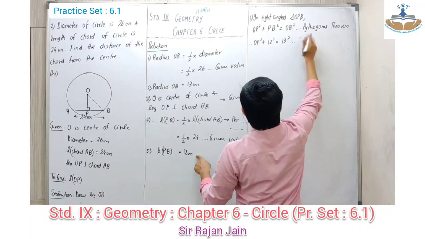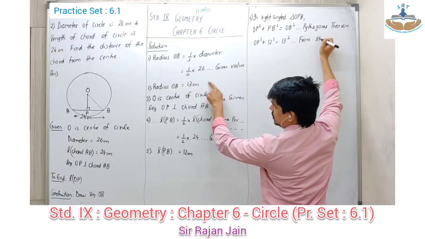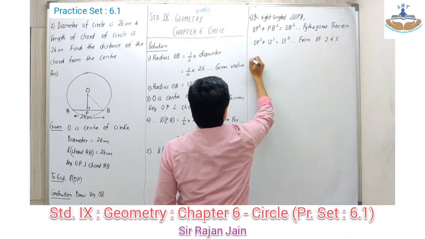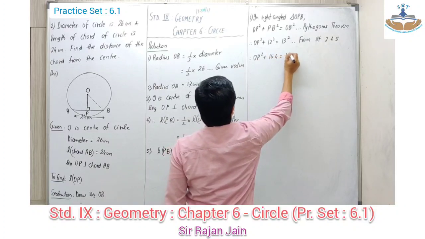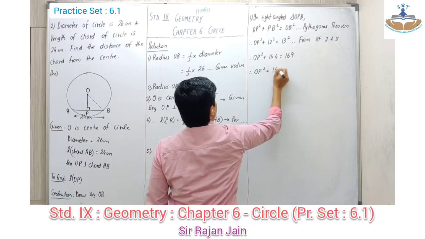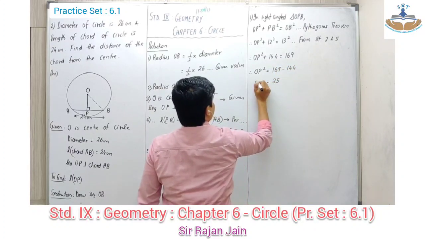Reason I will write these values we have got from statement number 2 and 5. So from step number 2 and 5. Therefore, OP square plus 144 is equal to 169. Therefore, OP square is equal to 169 minus 144, which is 25.